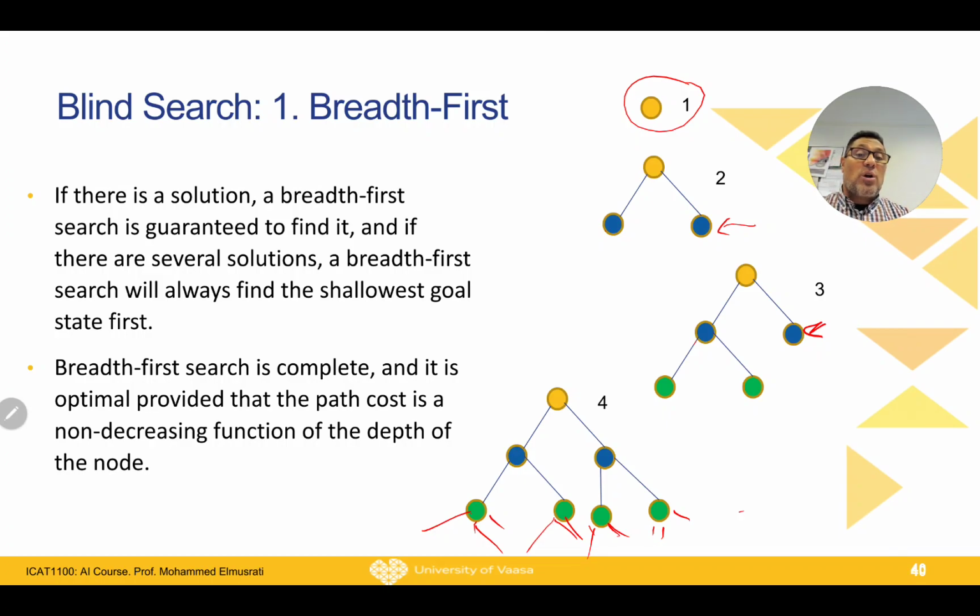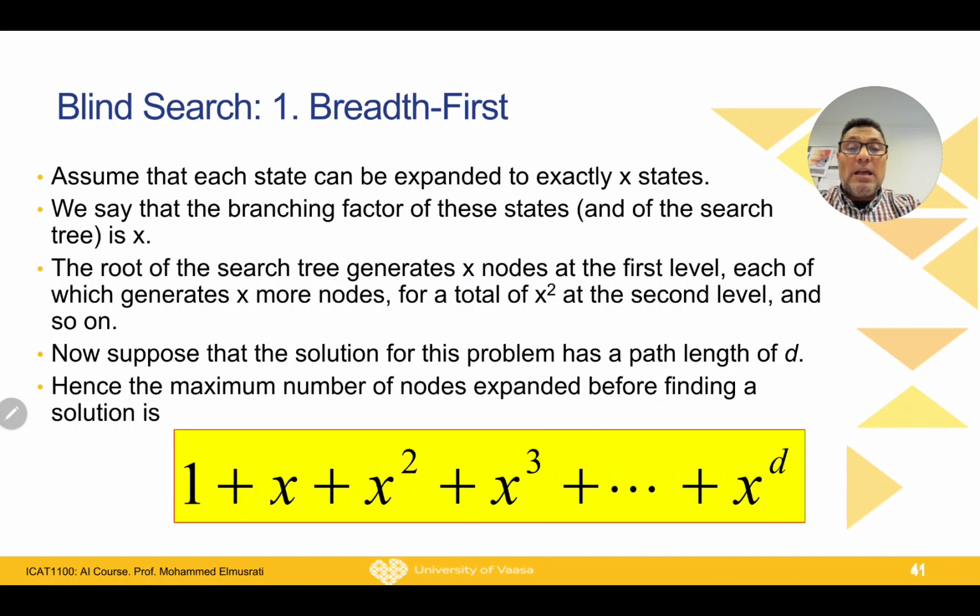But of course, it will require very large time as well as very large space in order to find all possible ways to handle the problem. So if we assume that the average number of branching is x, at each state, this means that from each state we can generate x states or x nodes, assuming that they are the same.